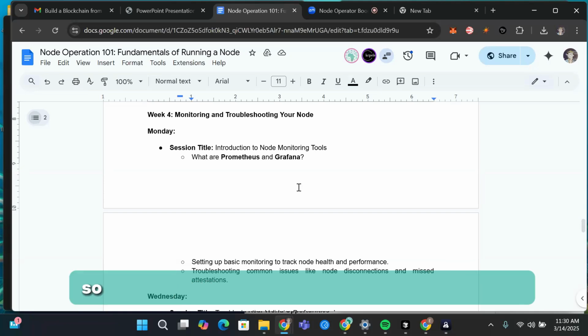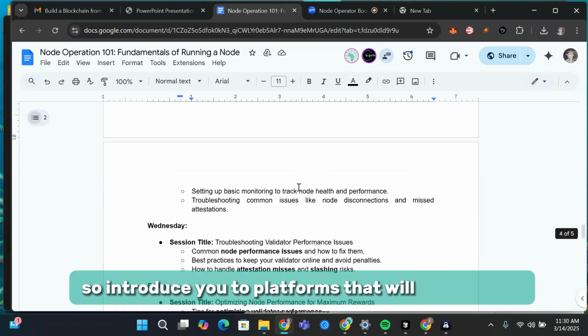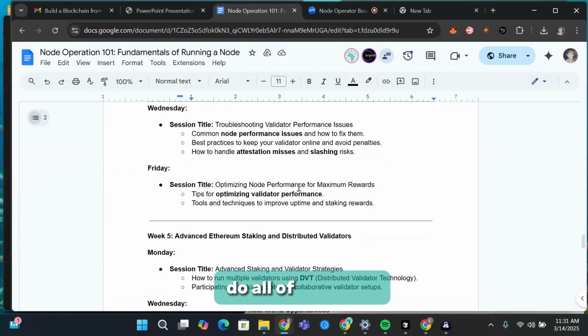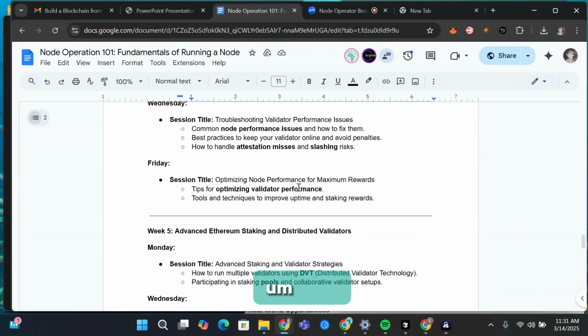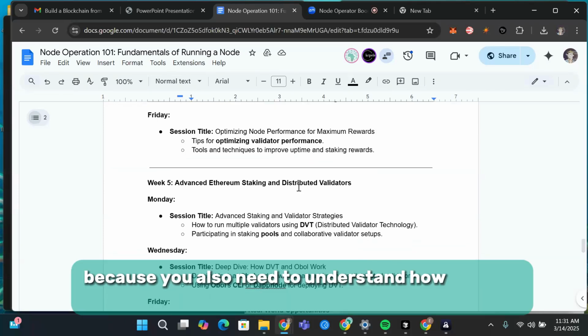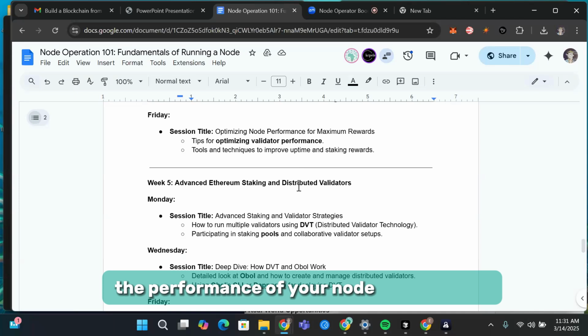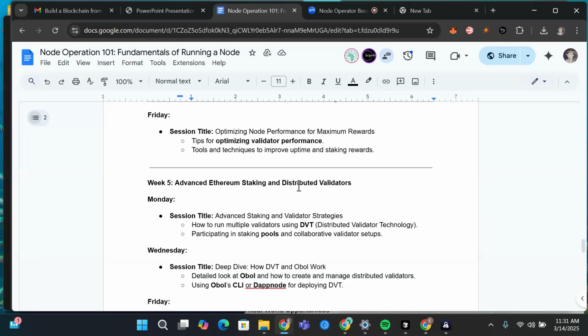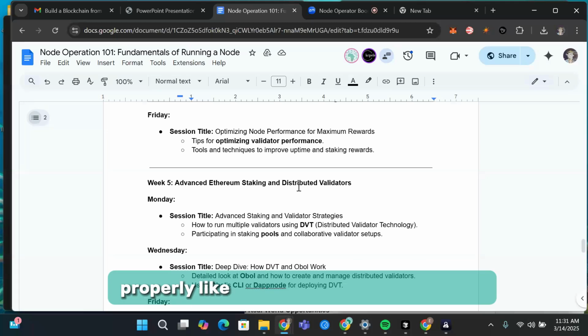So we'll introduce you to platforms that would help you do all of this. Basically, because you also need to understand how you can optimize the performance of your node to earn rewards properly, to enhance your rewards.